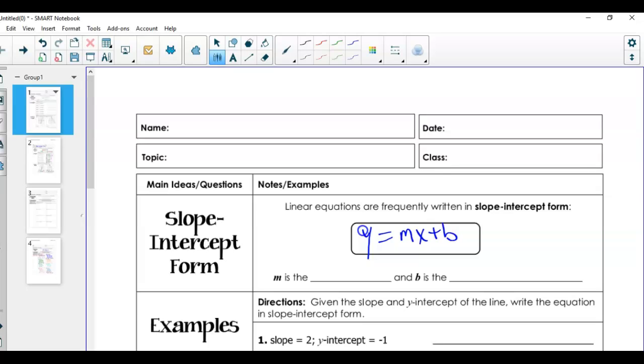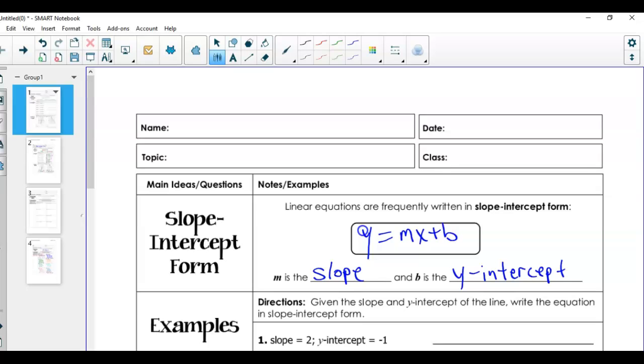To remind you, or to go over for the first time, where m is the slope and b is the y-intercept.